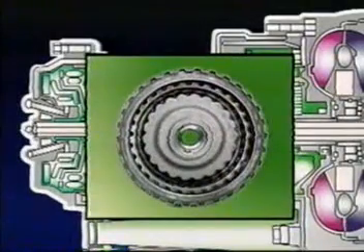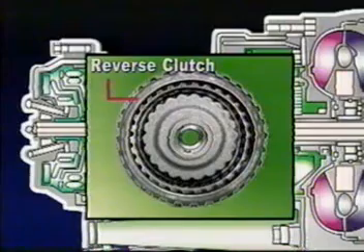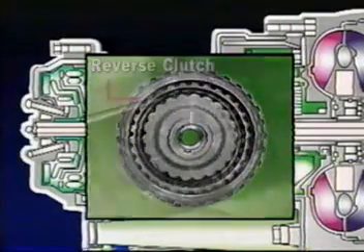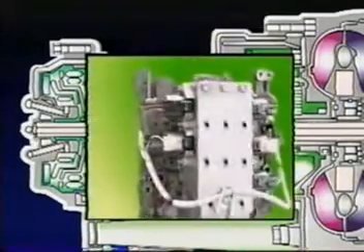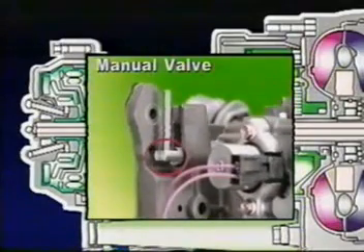No solenoid valve is needed for the reverse clutch, which is the operating element for reverse driving. Oil pressure is supplied to the reverse clutch from the manual valve, not passing any additional pressure regulator valve.